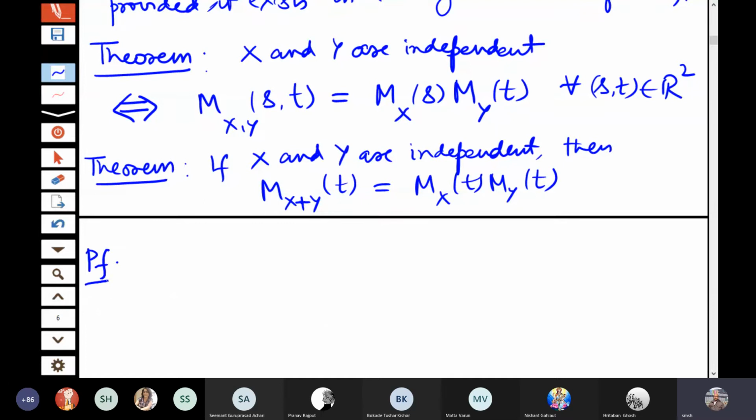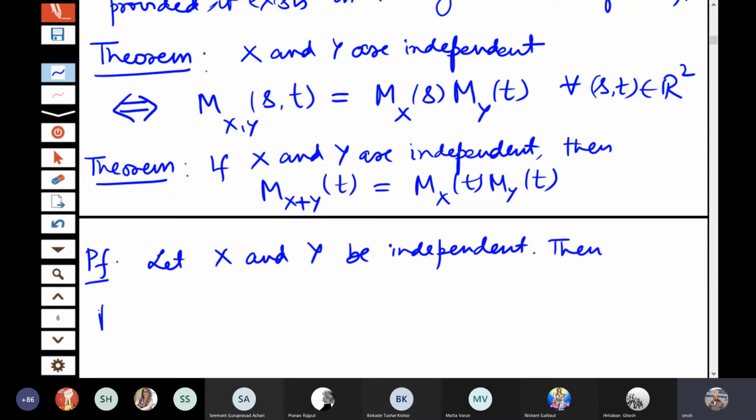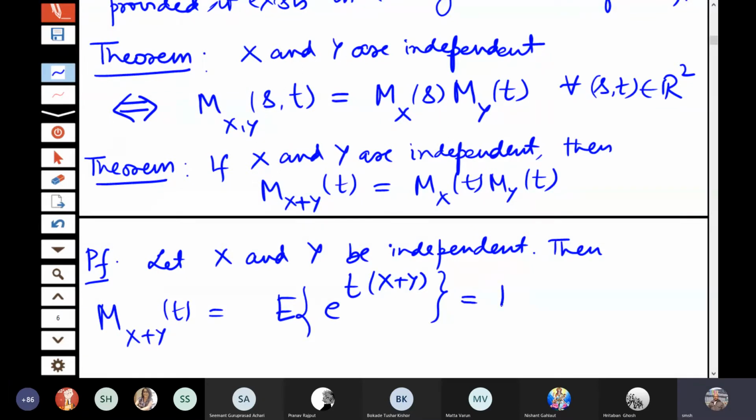Let us look at the proof of this. It is of course a very simple proof. Let x and y be independent. Then if I consider the moment generating function of the sum, that is expectation of e to the power t(x plus y), then it is equal to expectation of e to the power tx into e to the power ty.